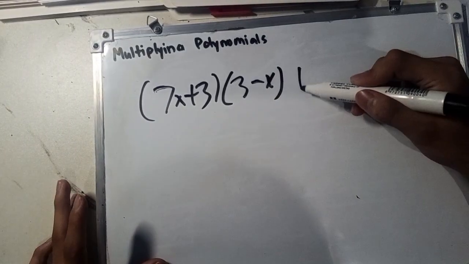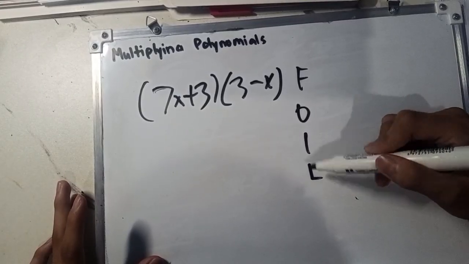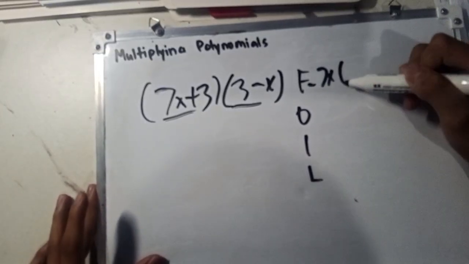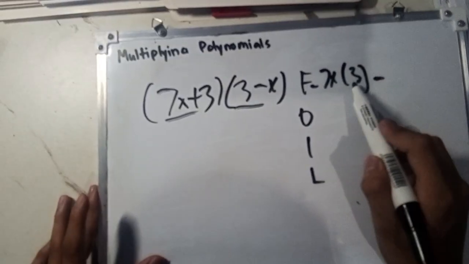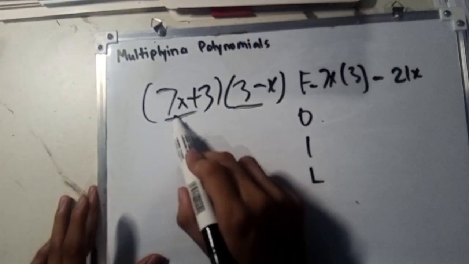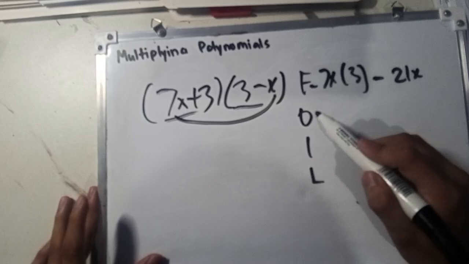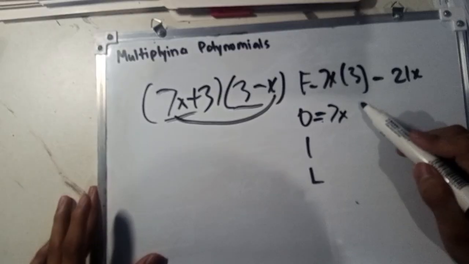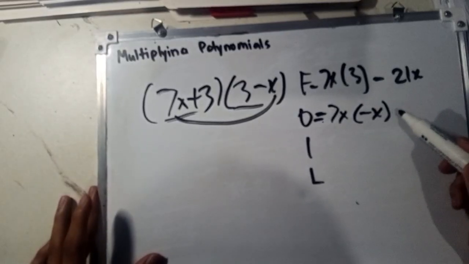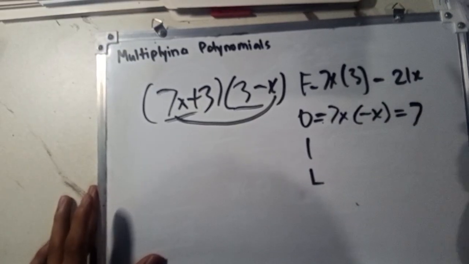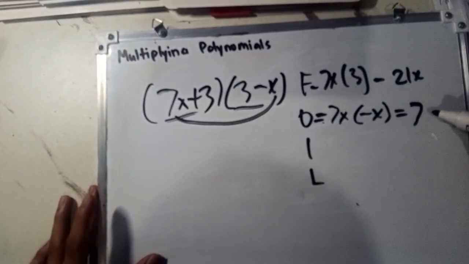So again, FOIL method. 7x times 3 is 7 times 3, 21. Copy x. Outer. So 7x times negative x. So that is 7 times negative 1, x times x, which yields negative x squared.